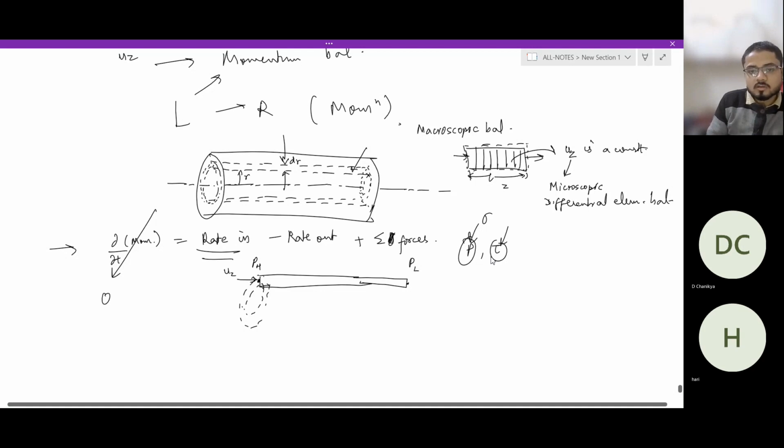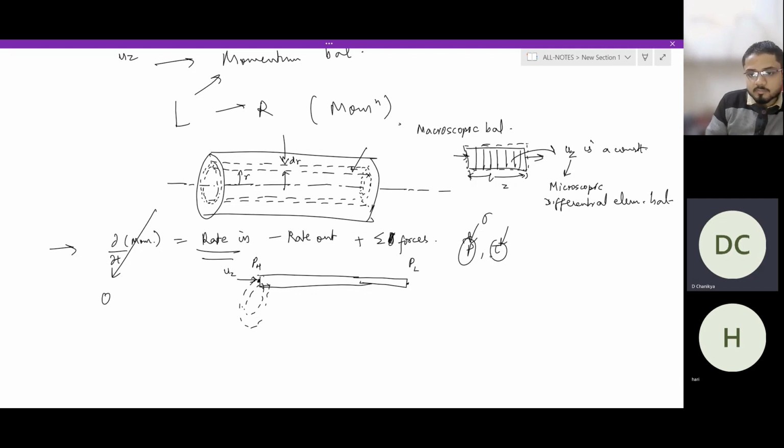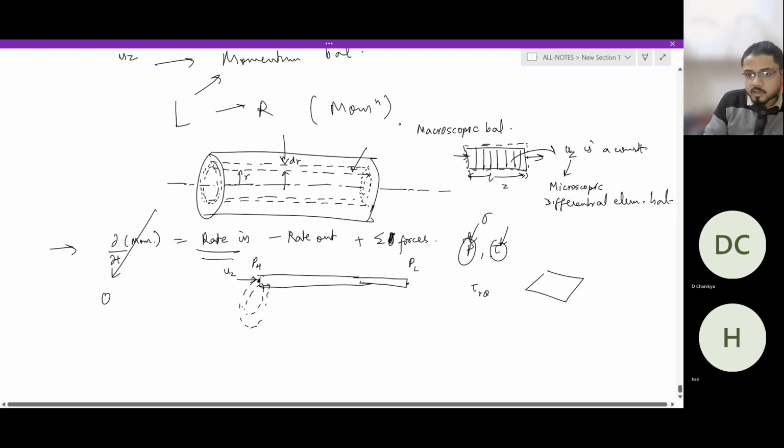So if you are writing tau r theta, what does this mean? This means that you have the r plane, this is the r vector, and the shear stress is pointing in the theta direction, right?